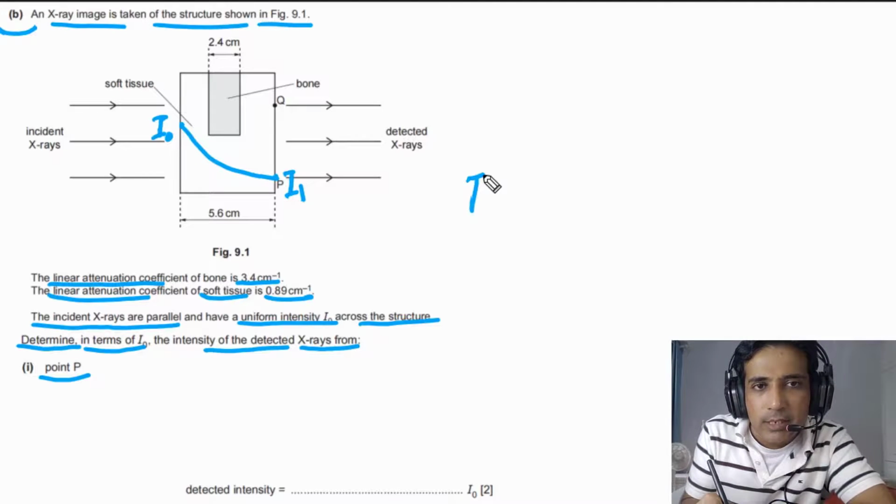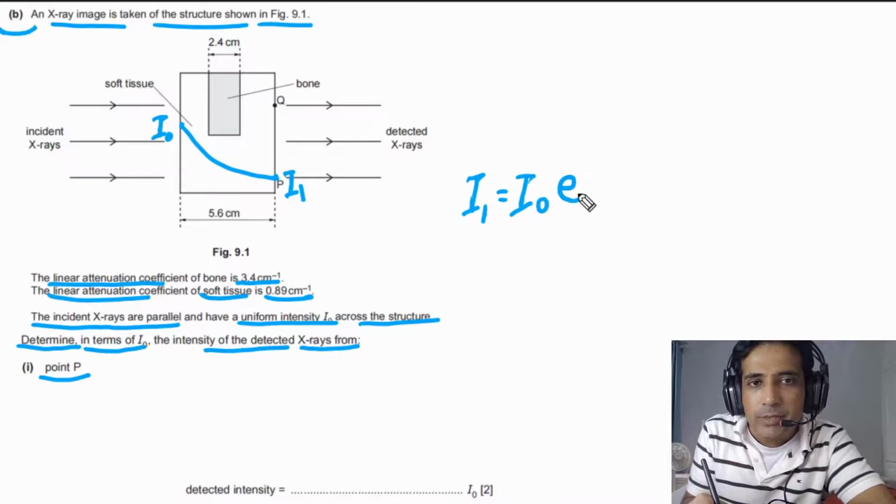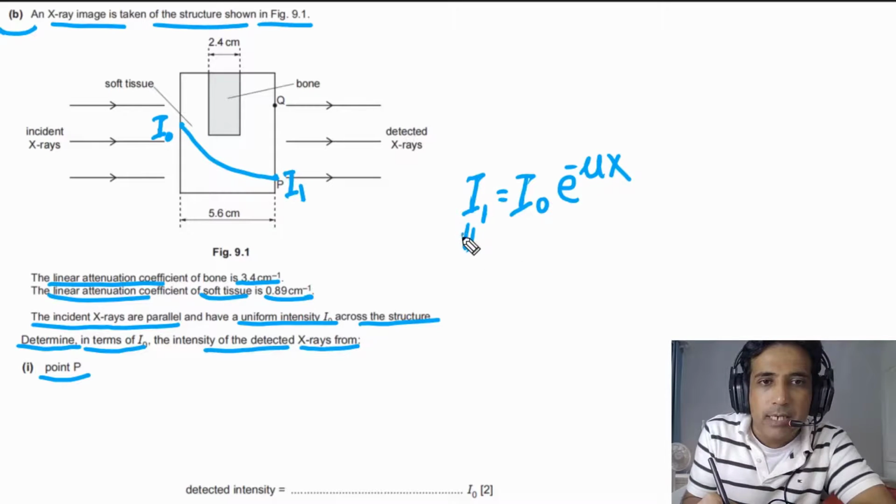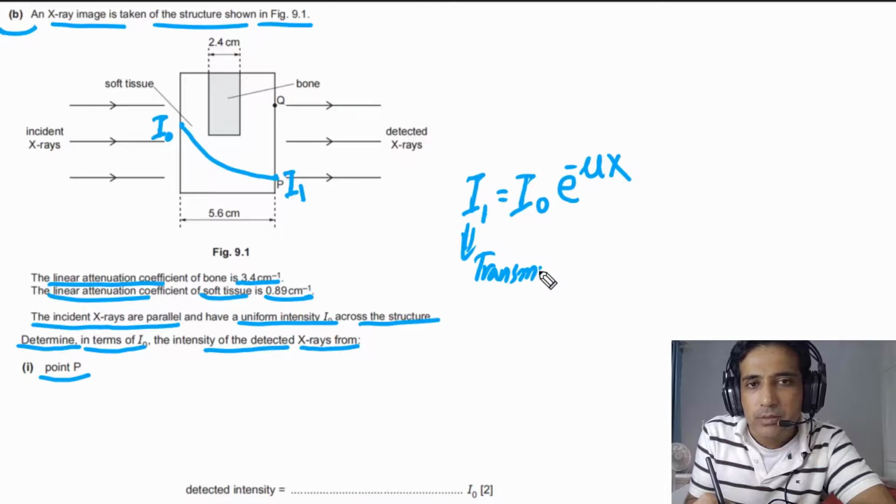So we need to understand how I1 is linked with I0. So this is just exponential decay. We can say I is equal to I0 e to the power of negative mu x. In this case, I1, this is the transmitted intensity.